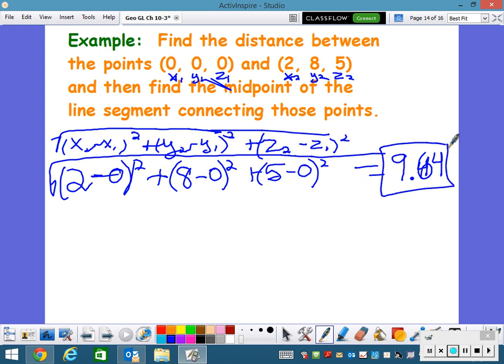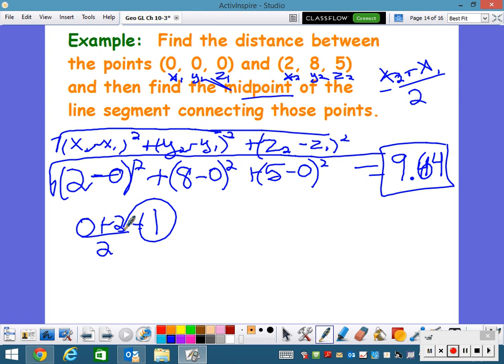And now we need to find where is the location, where is the point, what's the coordinate for the point that's in the exact middle. So that's the midpoint. Remember, the midpoint would be like x2 plus x1 over 2. So you add up the x's, the 0 and the 2. 0 plus 2 divided by 2 gives you 1.